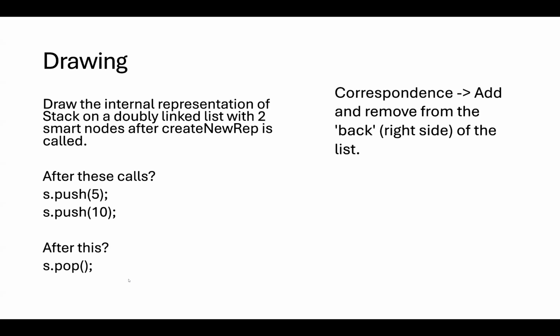Those are left as unknown or null. I believe the most correct way is to draw them as null. And for data, we literally do not know and we do not care. Just do a question mark, right? So that is going to be your initial representation.